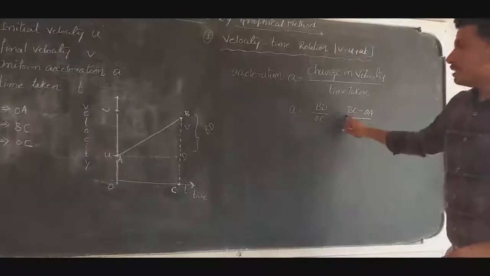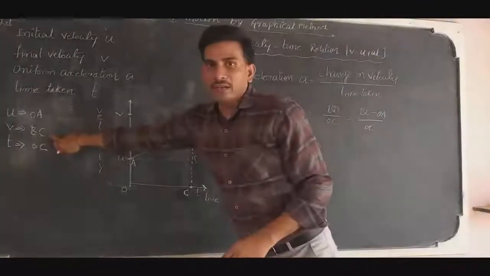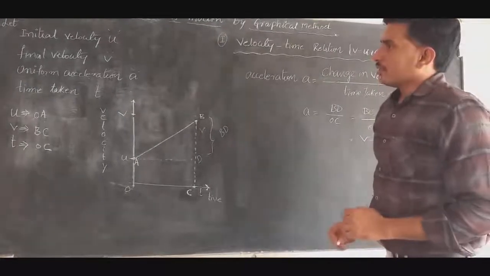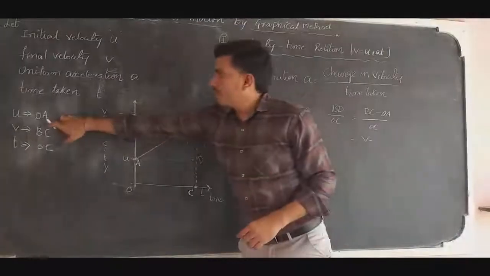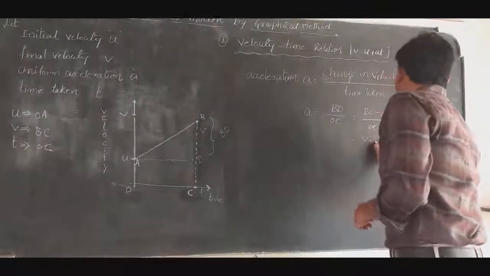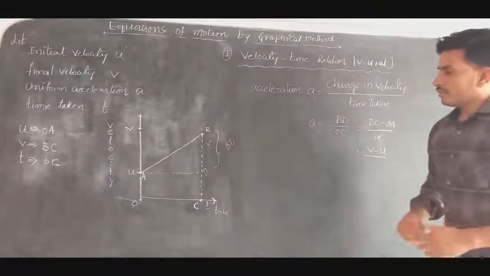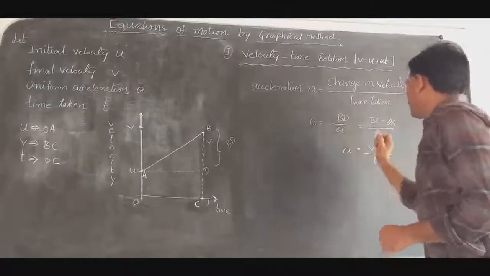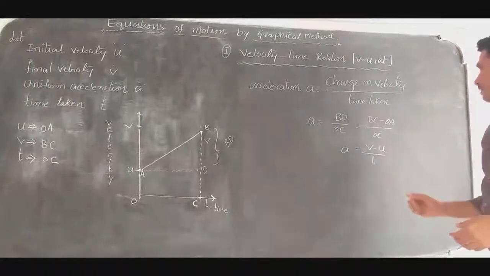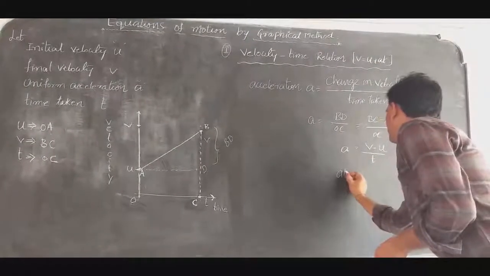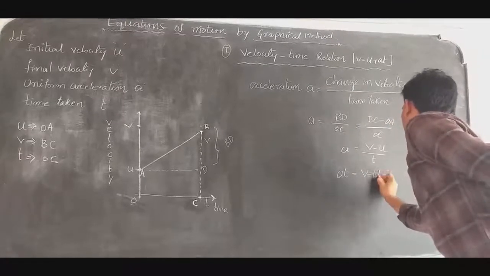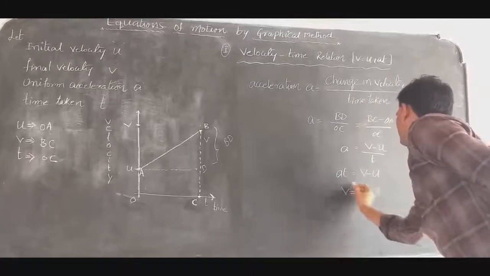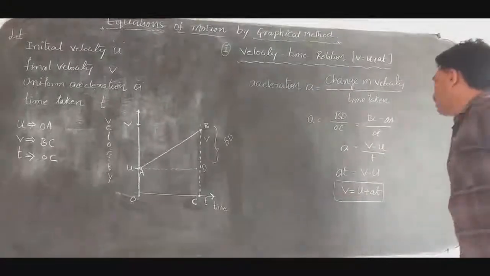We already know BC means final velocity, that is v. OA means initial velocity u. And OC means time taken. So the acceleration is equal to v minus u by t. If you rearrange this, then at is equal to v minus u, or v is equal to u plus at.